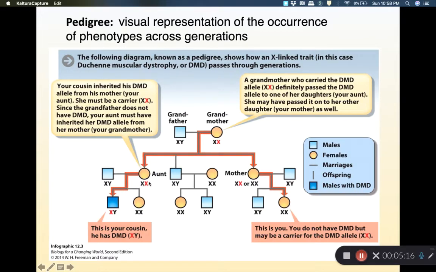So you see here that you have an aunt that again is a carrier, and we know she's a carrier because your cousin has the actual disease expression of DMD. So we know then that that aunt had to get that second red X chromosome from the original, in this case, the grandmother. On the other hand, for example, we have two cousins, one that is XY and one that is XX.